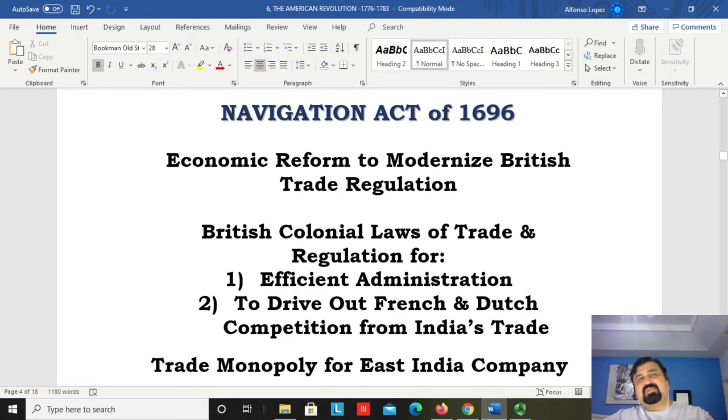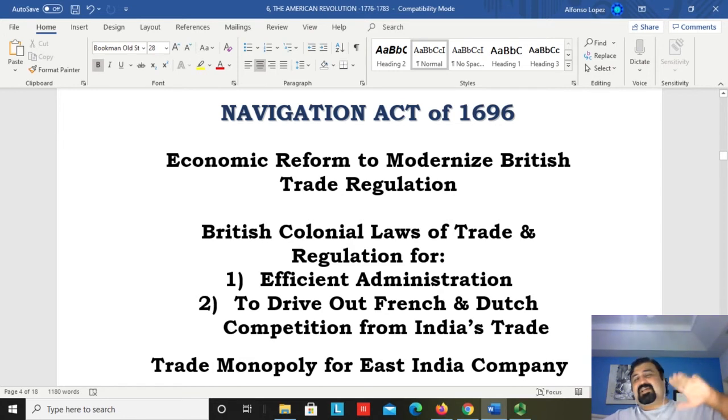And in order to do so, what the British are intending to do, this is what the Navigation Act of 1696 says, is that we have to do this supervision, this trade regulation, far more effectively and efficiently.